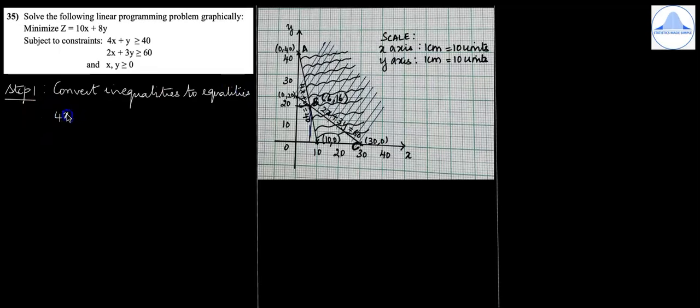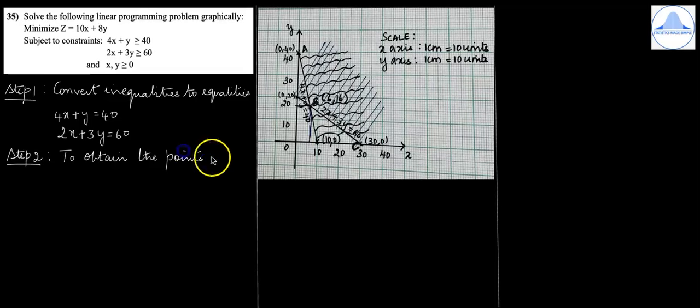So it will be 4x plus y is equal to 40 and 2x plus 3y is equal to 60. Now step 2 is we have to draw these two lines. To draw a line, you need a minimum of 2 points. So step 2 is to obtain the points of the two lines.